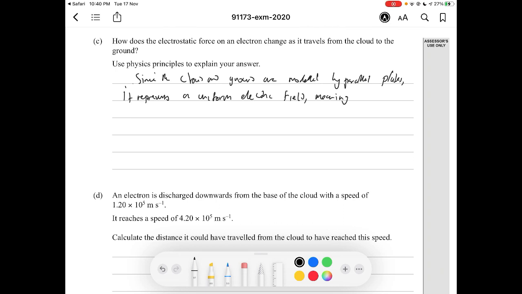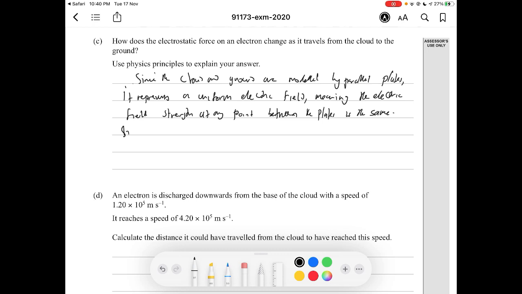And you explain what that means. When you say a uniform electric field, state what that means: the electric field strength at any point between the plates is the same.